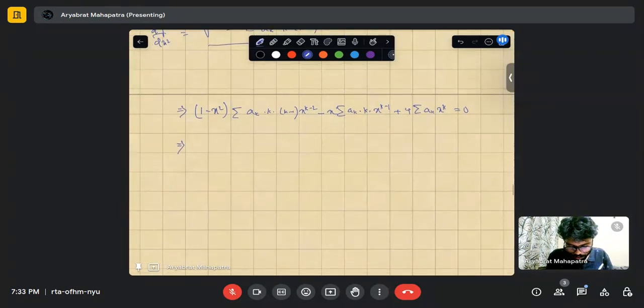Then the next step is to simplify this expression. When you simplify this, you will get summation ak k times k minus 1 x to the k minus 2, minus summation ak k times k minus 1 x to the k, plus ak k x to the k, plus the last term.